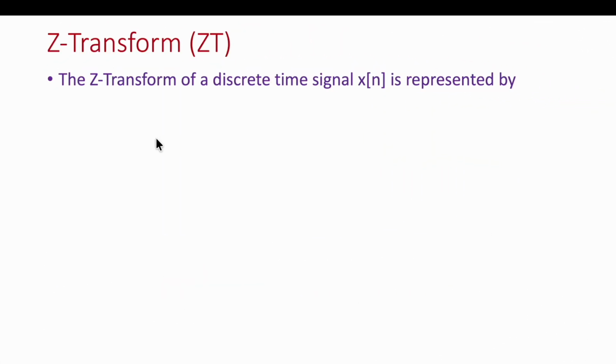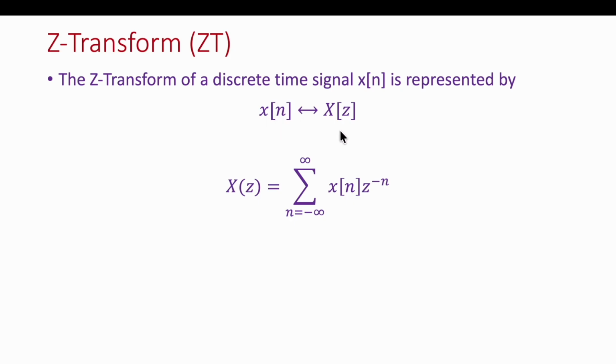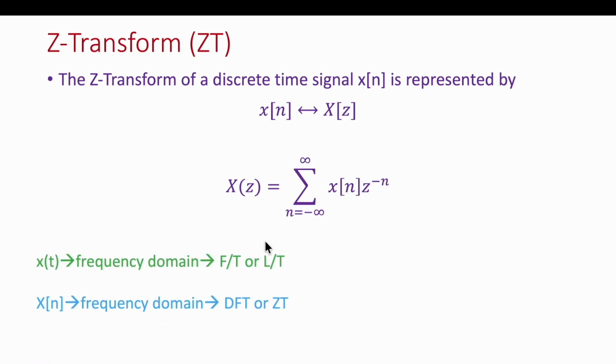The Z transform of a discrete time signal x of n is represented as x of z. This is a discrete time signal and x of z is the Z transform, which is the signal in the frequency domain. And we can write x of z using this mathematical equation: X of z is equal to the sum where n varies from minus infinity to infinity of x of n z raised to power minus n.